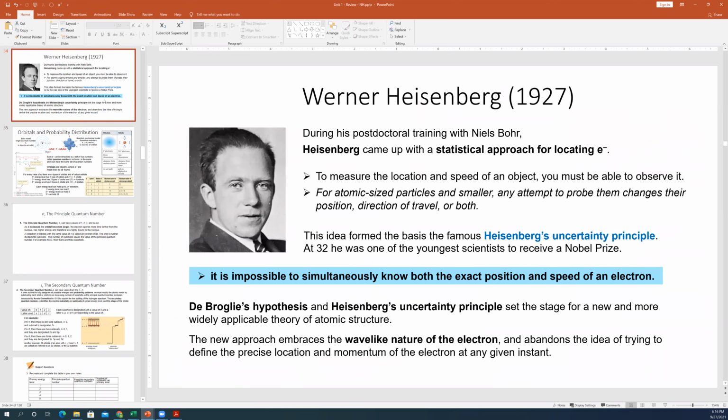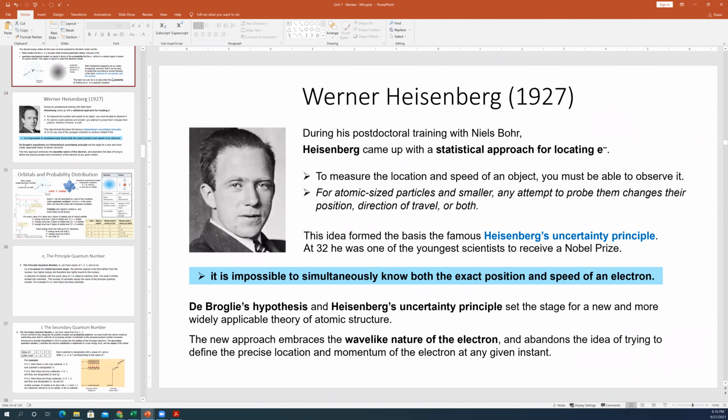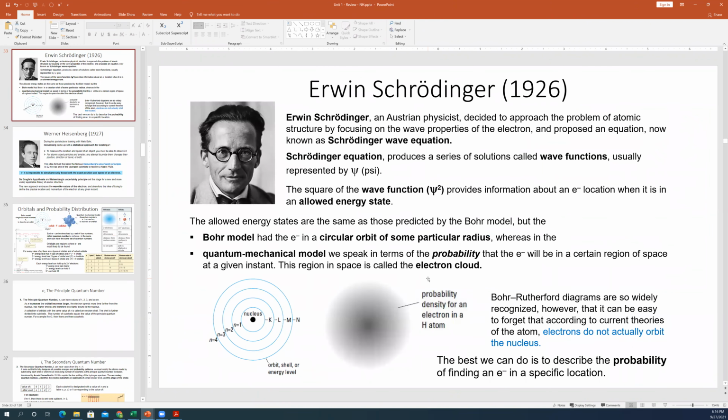And so the idea of trying to locate an exact position for the electron was abandoned for the idea of coming up with a probability distribution for where this electron was going to be found, so that electrons don't actually orbit the nucleus in a fixed radius. Rather, there is a probability distribution that they are somewhere in this electron cloud, let's say.